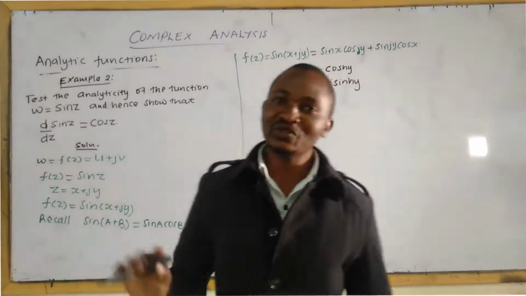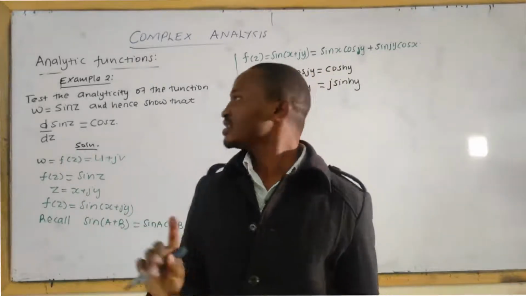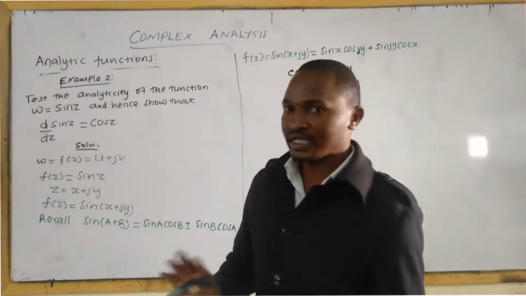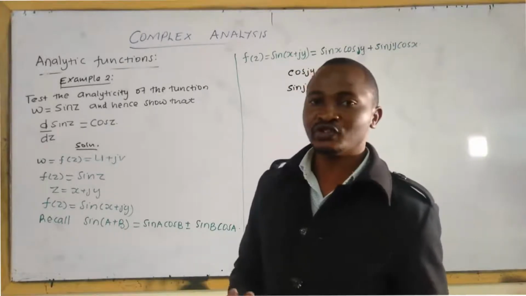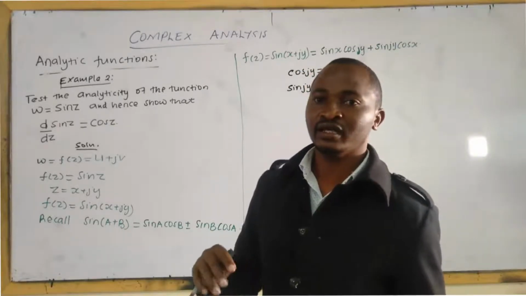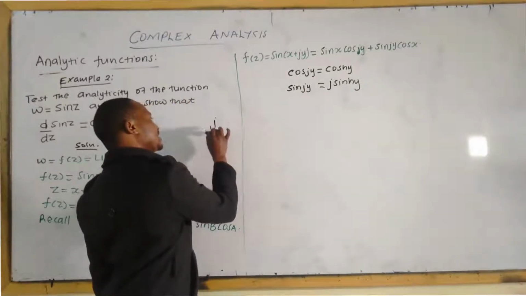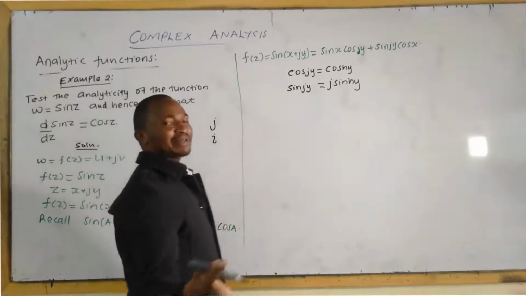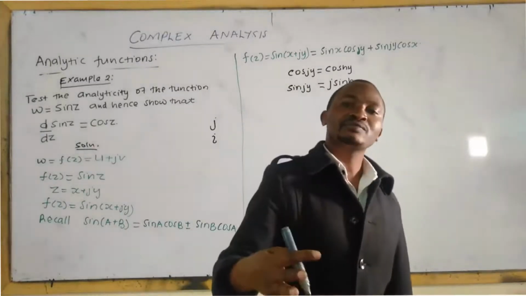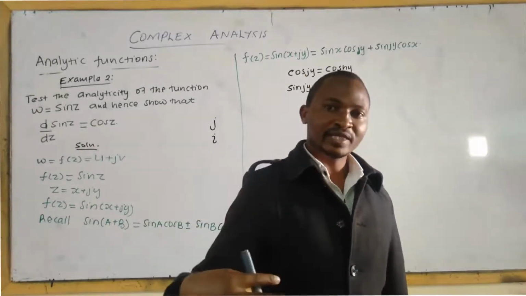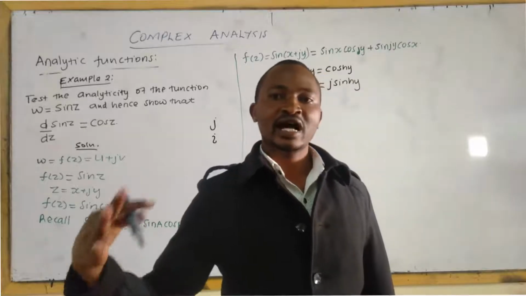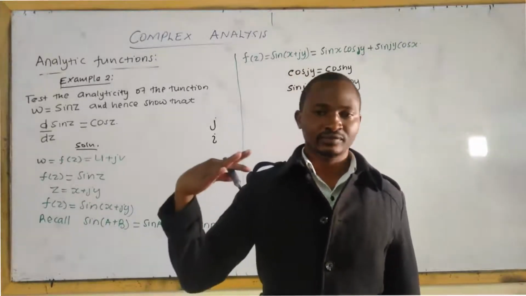Sometimes I might use i instead of j, because in textbooks either of them is used to represent the imaginary unit. Sometimes I use j, sometimes I use i. The same case applies to textbooks. You find one textbook using j to represent an imaginary value, and another textbook using i.